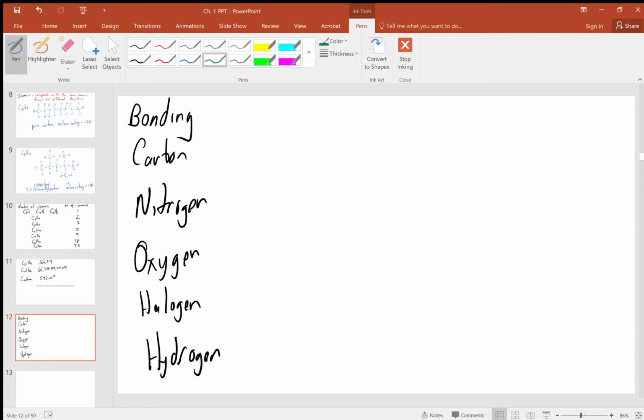With these elements, our most important ones, carbon, nitrogen, oxygen, halogens, and hydrogen, first question: how many valence electrons do they have? Carbon has 4, nitrogen 5, oxygen 6, the halogens all have 7, and hydrogen, of course, has 1 valence electron.